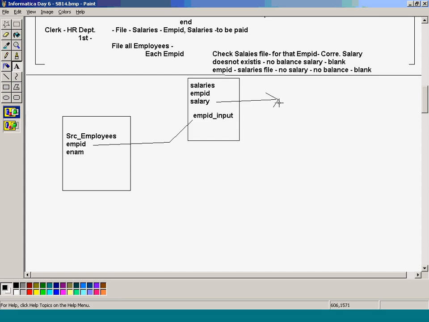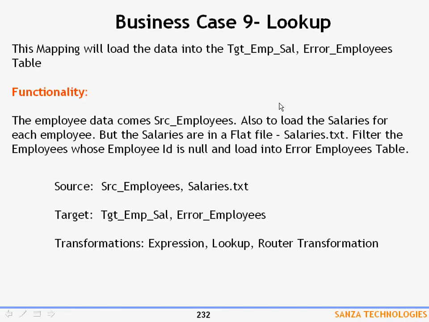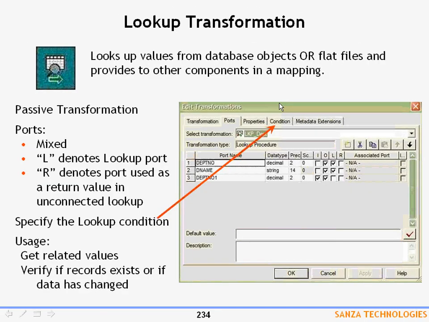To do this lookup on salaries, Informatica provides you with a transformation called the lookup transformation. You can look into that salaries file. It looks up values from a database object or a flat file and provides the corresponding value to other components in a mapping.